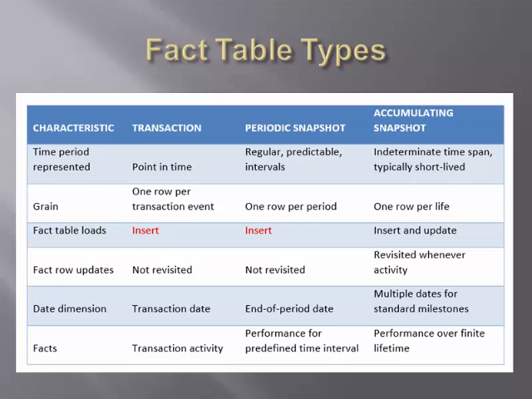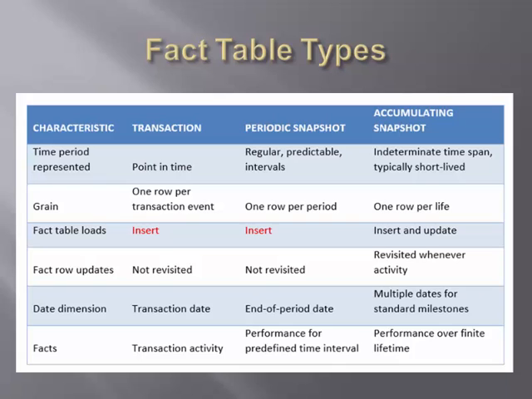Like we have different types of inventory models, similarly, we have different types of fact tables. The fact tables are similar to the inventory models: transaction fact table, periodic snapshot fact table, accumulating snapshot fact table.